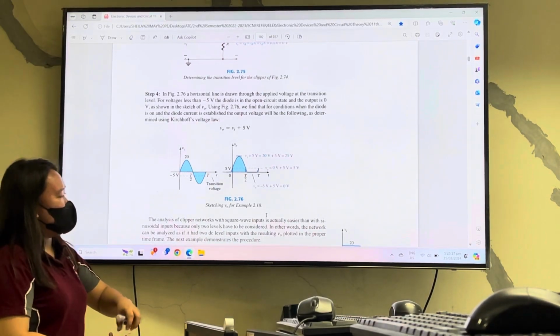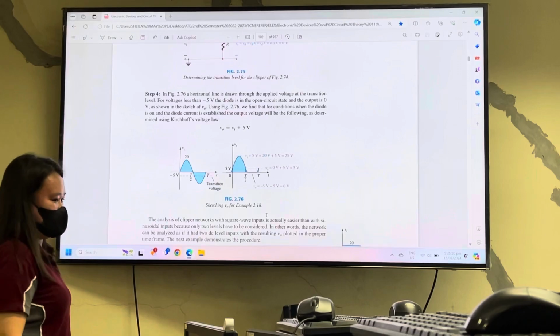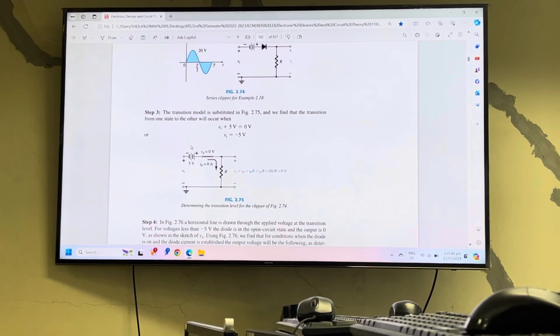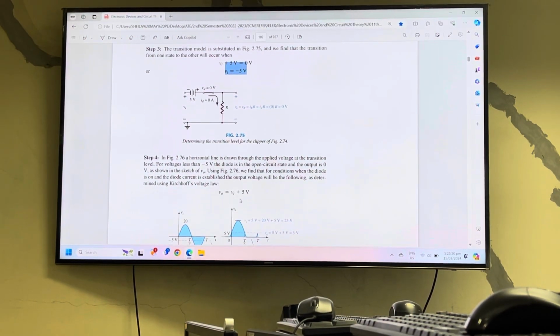Okay. So, at the positive half cycle, we have our input. What is our input? V in, signal, 20. This is the transition voltage. The VI here is the input signal.